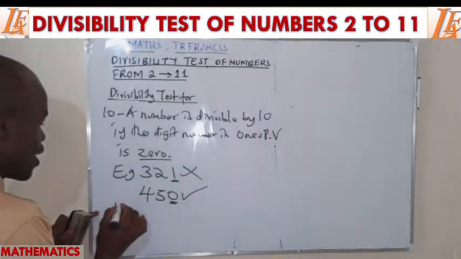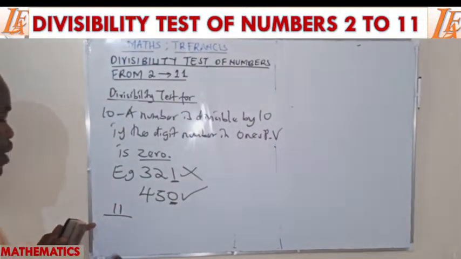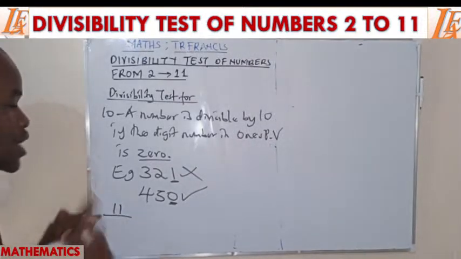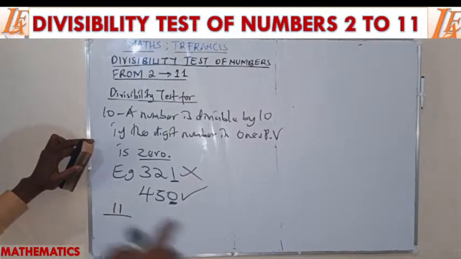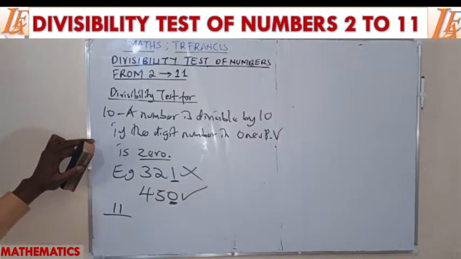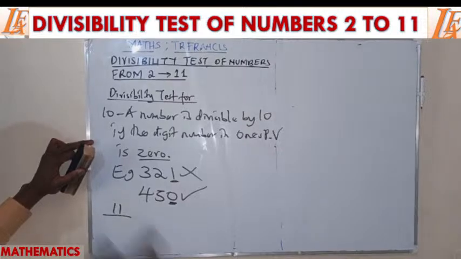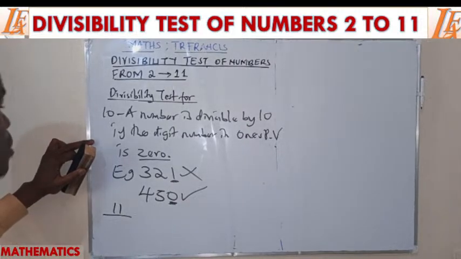The divisibility test for 11. For this test of 11, we look at the alternate digits. When you take the difference of the sums of the alternate digits, and it gives a multiple of 11, then the number is divisible by 11.